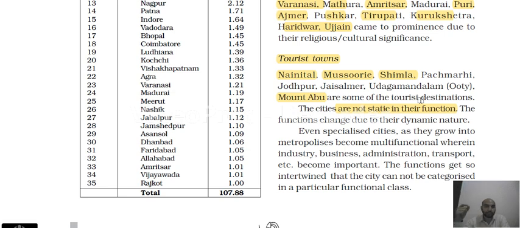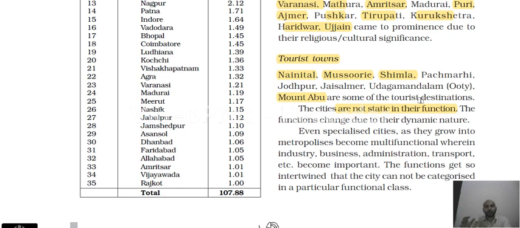Suppose I take the example of Nainital. Nainital is a tourist town, but at the same time it also has the High Court of Uttarakhand. It also has the administrative unit there. The DC also sits there. That also makes it an administrative unit. So that is what I mean by a city not being static.